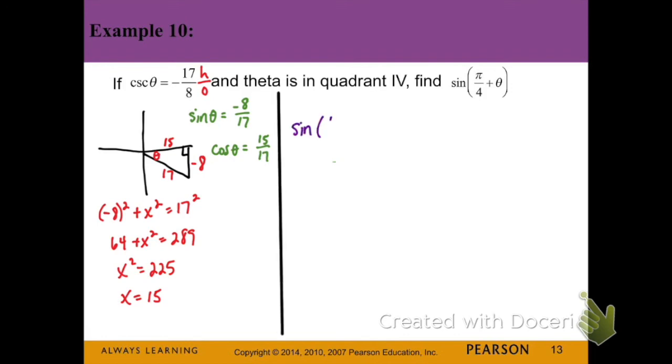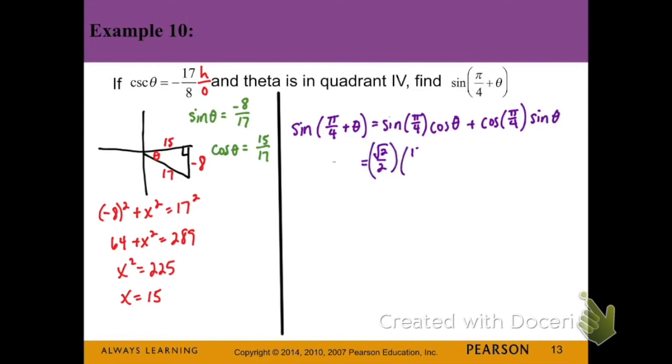Now that we have that information, we can use our sum formula for sine. I'm going to plug my values in for sine of pi over 4, cosine of theta, cosine of pi over 4, and sine of theta.